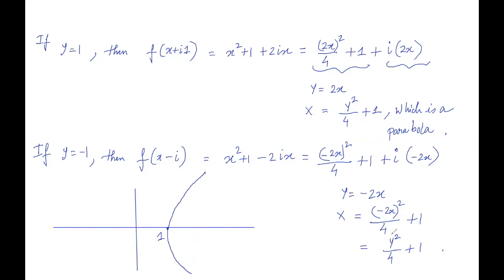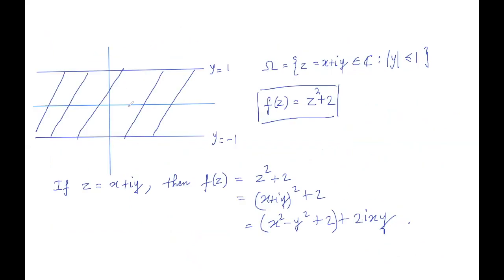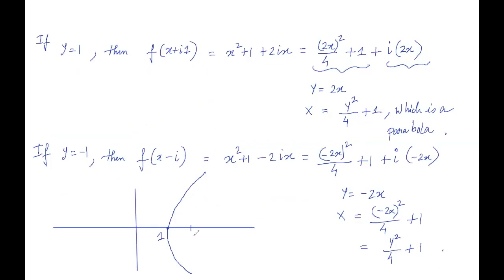So now how do we determine the image? Just plug in any other point which is in the domain, any point inside the boundary. If you take the point (0, 0), where does it get mapped to? Under the map f, it gets mapped to 2, which is here.